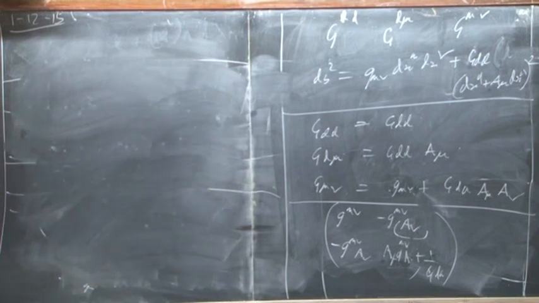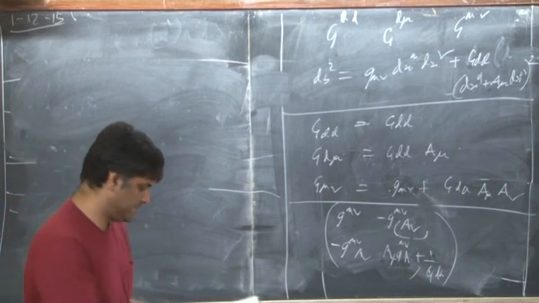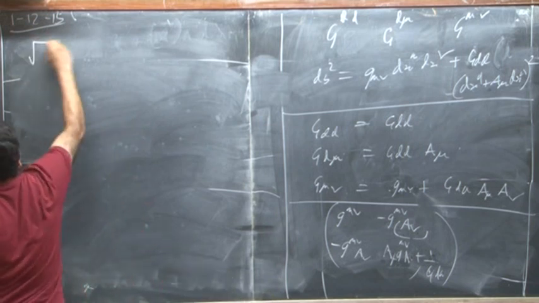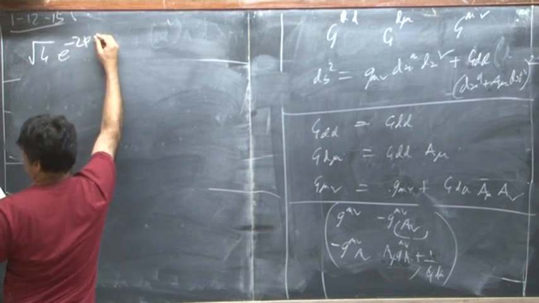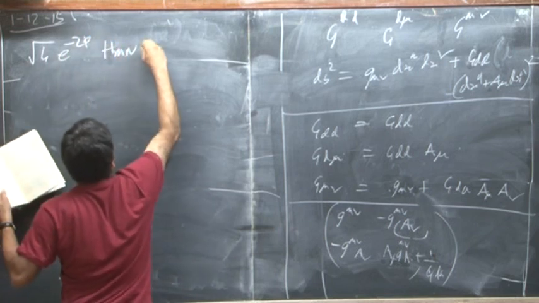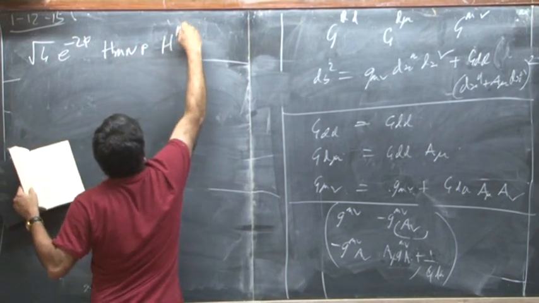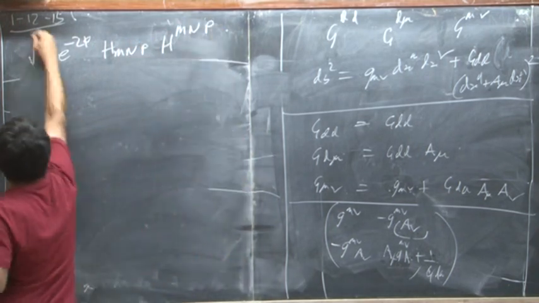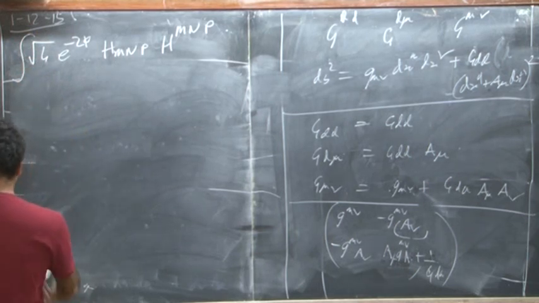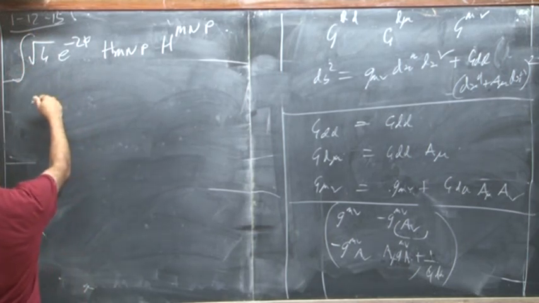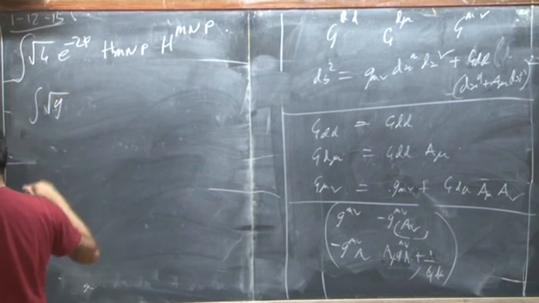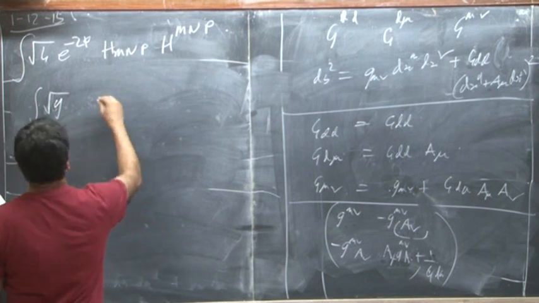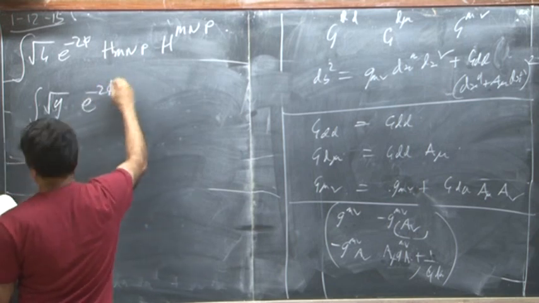The summary is what? I'll just write it down now with all factors: if you start with square root g e to the power minus 2 phi h m n p h m n p, and you can reduce this, you will get something proportional to some numbers, then square root g, then e to the power minus 2 phi d.